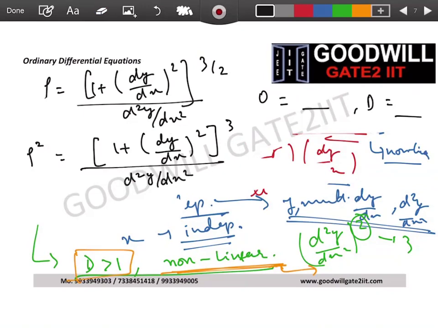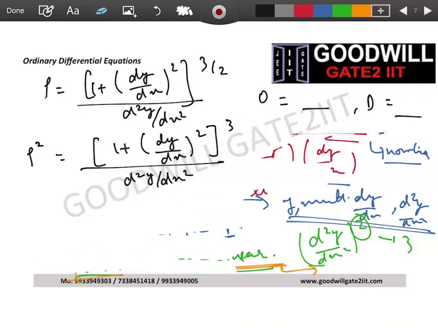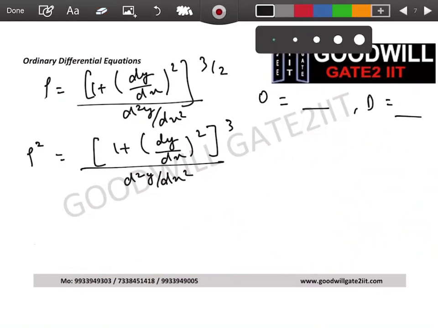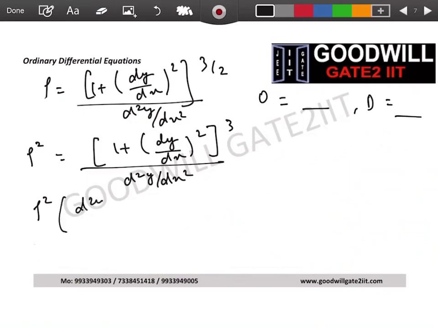Right? Then I'm just simplifying it. So rho square times d square y by dx square equals (1 plus (dy by dx) the whole square) whole cube.